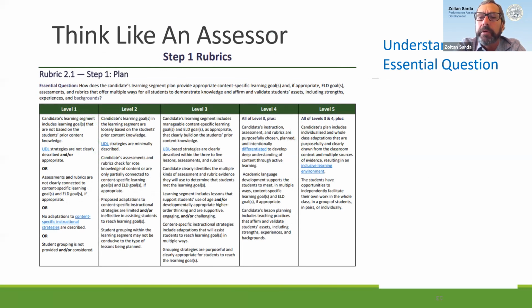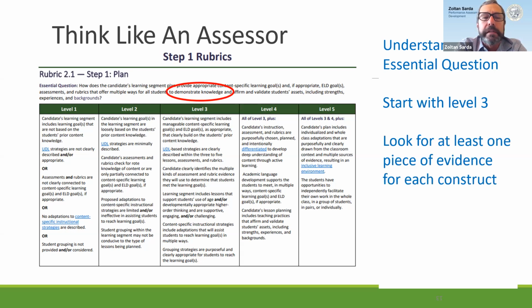Today, when we go through, rather than on the multiple constructs in the rubrics, we're going to really focus more on what the essential question is getting at. Again, starting with level 3, looking for evidence in the sources of evidence. The assessor will go construct by construct at level 3.